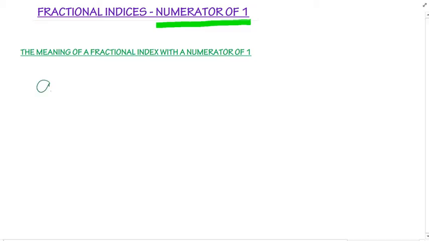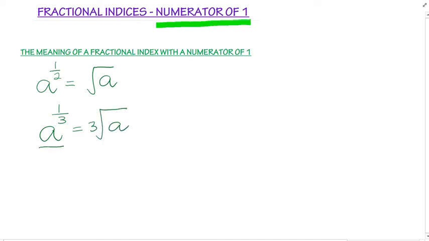Well, there's a simple rule that you want to make sure you are aware of, and that is when I see, for example, a fractional index of a half, it means the square root. And in a similar fashion, when I see a fractional index of a third, it means the cube root of whatever that base is, a in this case.